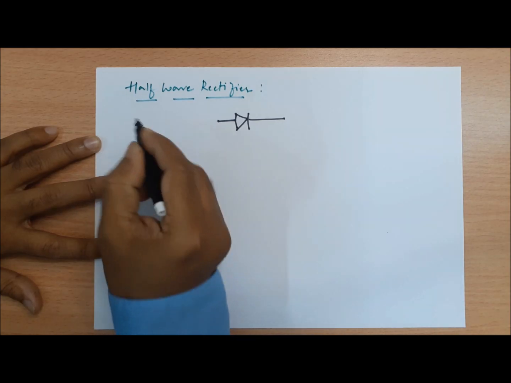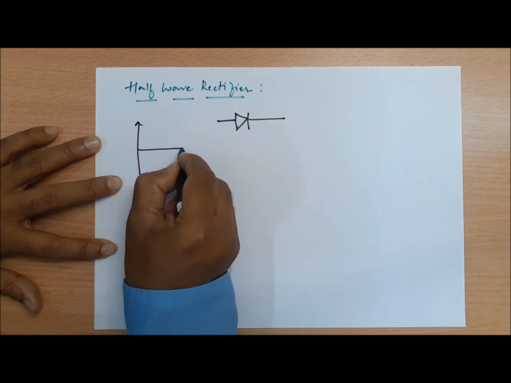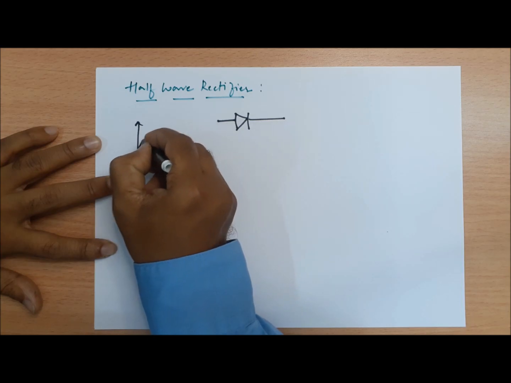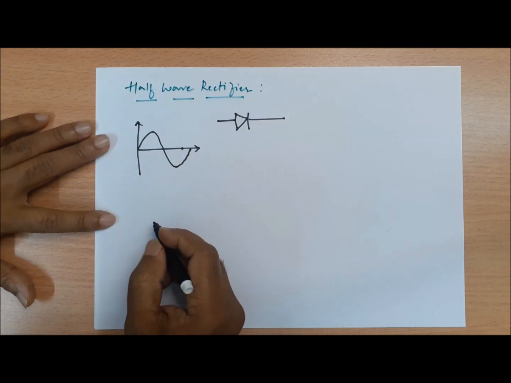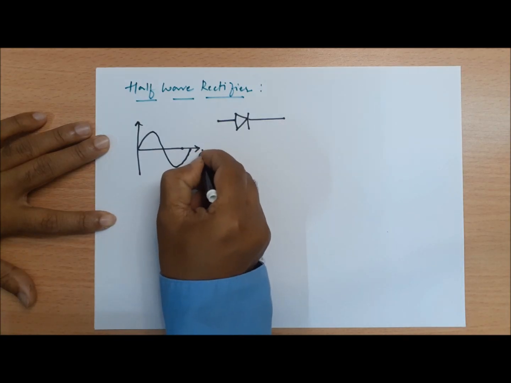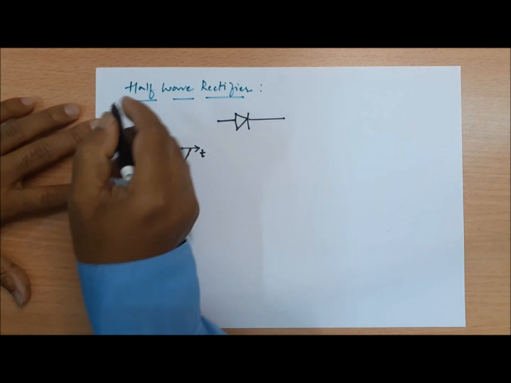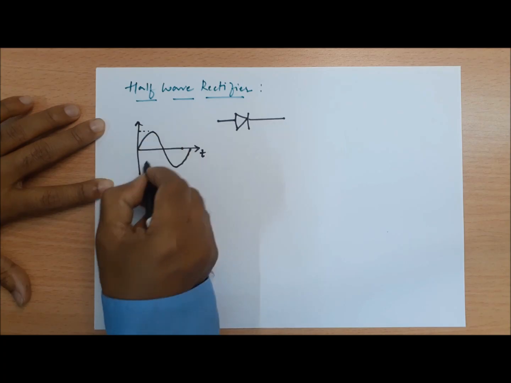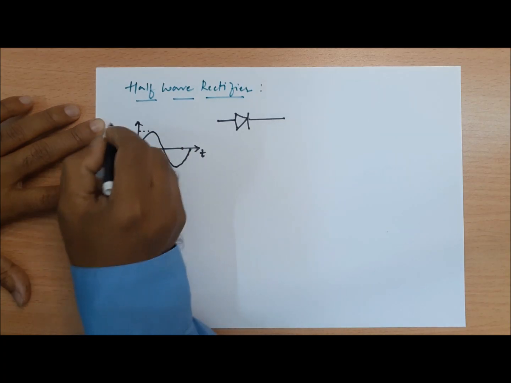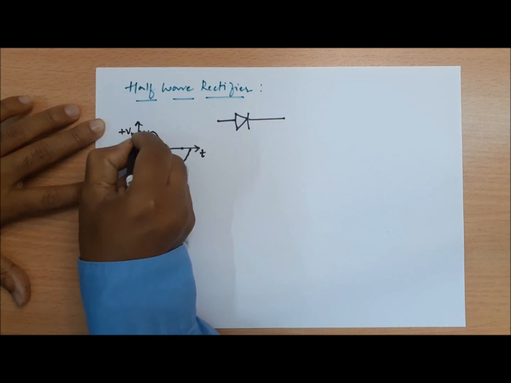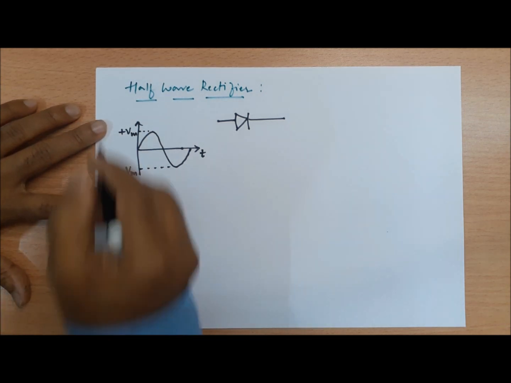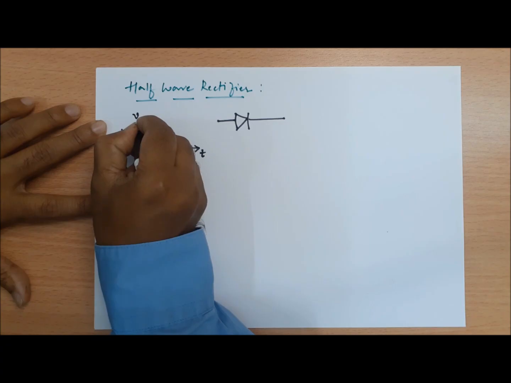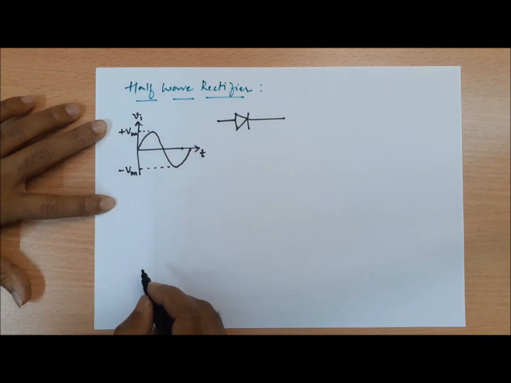Let me just draw the input waveform. Let's assume that this is a sinusoidal input signal which continuously varies with respect to time. Let the peak values be plus Vm and minus Vm. Let us denote this as Vi, small vi.